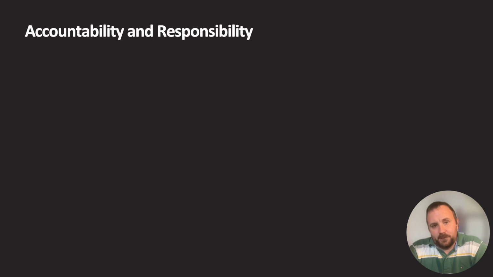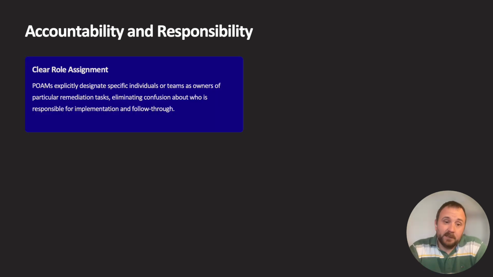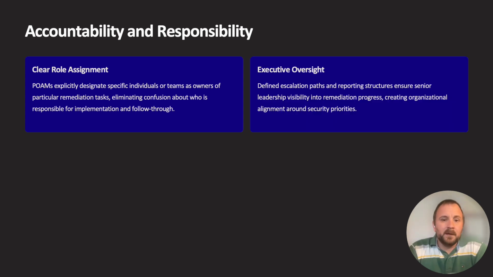Now let's jump into accountability and responsibility. You need to set up clear role assignments. POAMs assign clear accountability and responsibility for each remediation effort inside of your organization. By explicitly defining who owns each task, organizations ensure that remediation activities are carried out effectively and that nothing falls through the cracks due to ambiguous ownership.